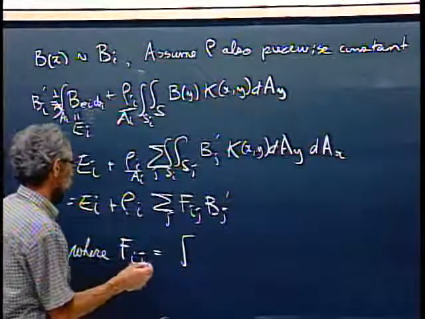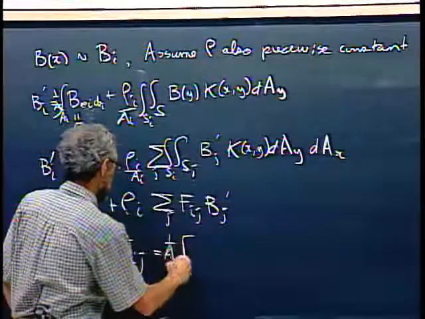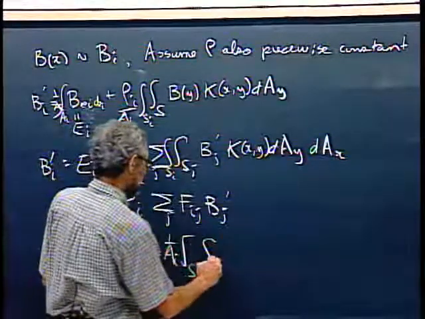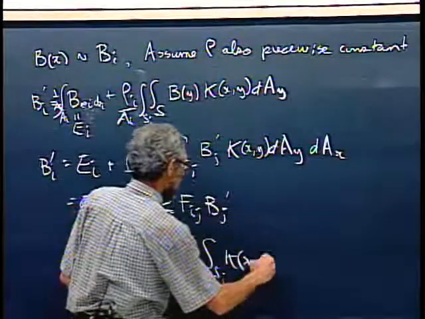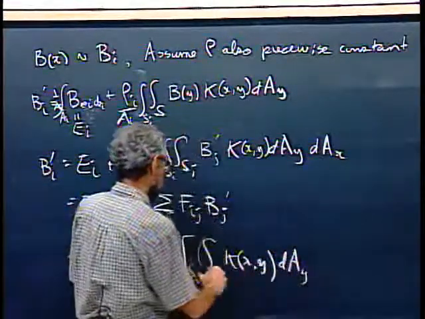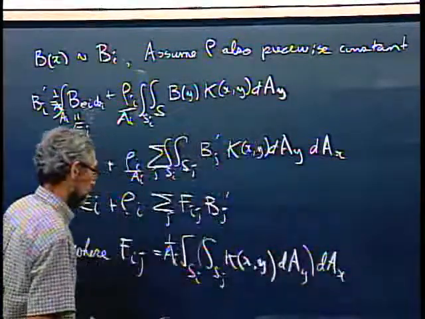So now my Fij is going to be 1 over AI, the integral of Si, the integral of Sj of k x y dA y for the inner integral and dA x for the outer integral.